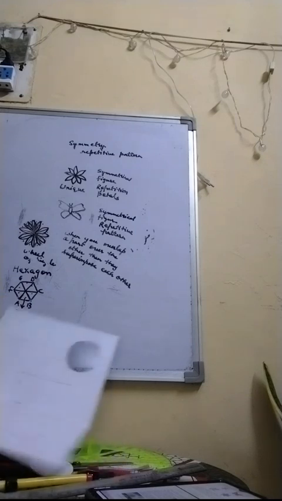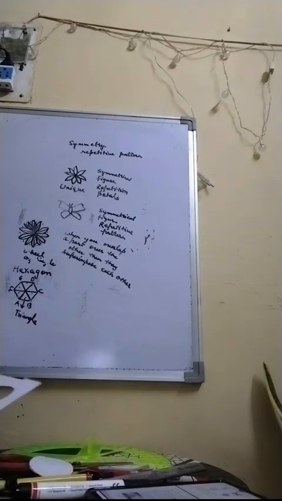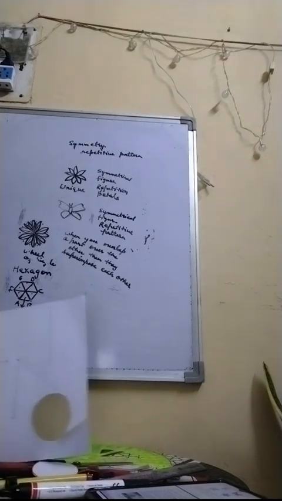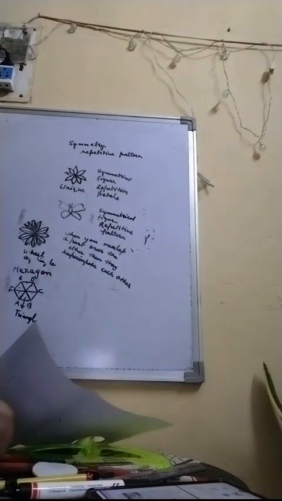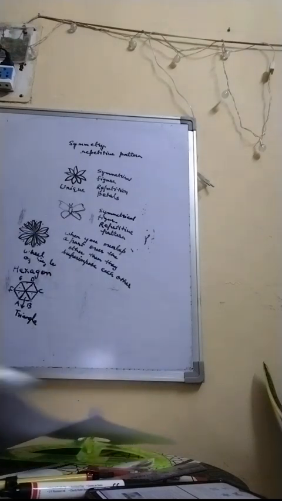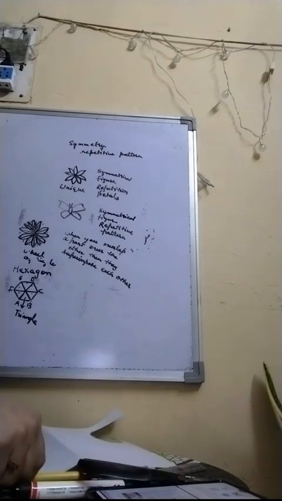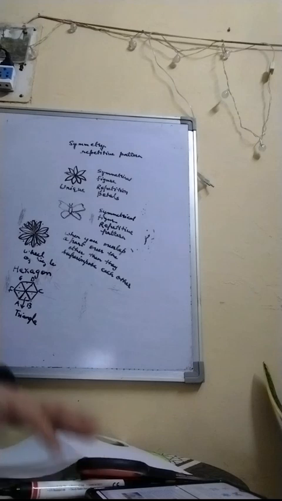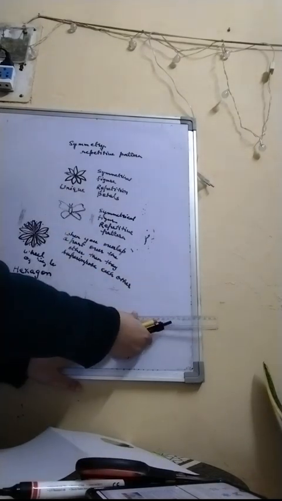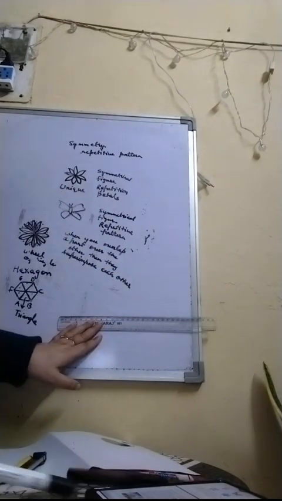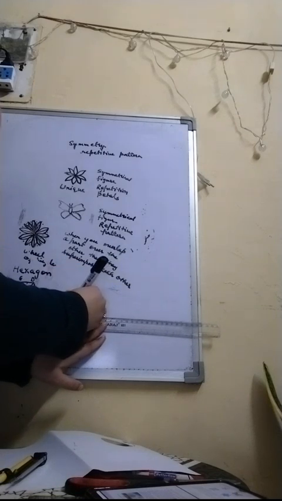We also make it over a piece of paper so that you know how to draw. Suppose I take a ruler and draw a 4 centimeter line.